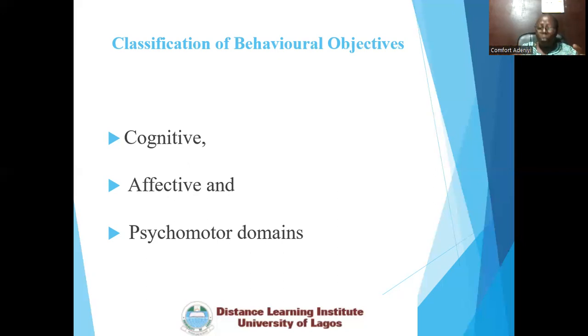This kind of objective is usually used in practical classes, especially by people doing physical and health education, and even people in the practical labs. So they should be able to type. When you are typing too, that is also part of psychomotor activities. So these are the domains of education.